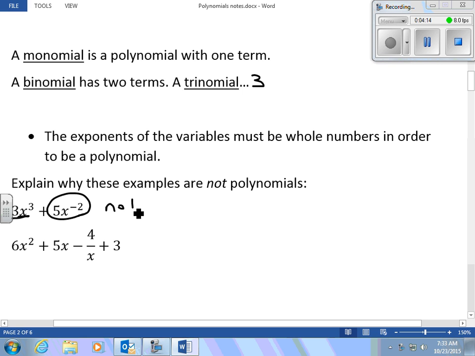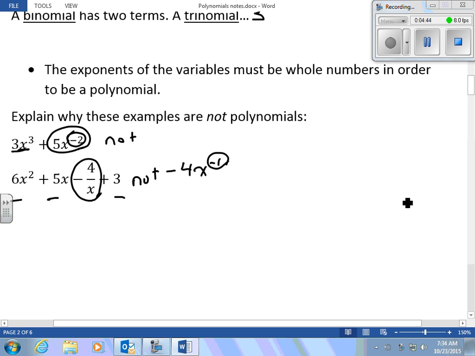In the second example, the first term is good, the second term is good, the last term is fine, but this term is not, because x in the denominator could be written as 4x to the negative 1. That again gives us a negative exponent, so this one is not a polynomial either. You have to have positive whole numbers as the exponents.